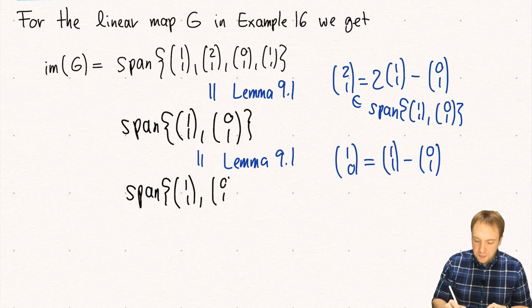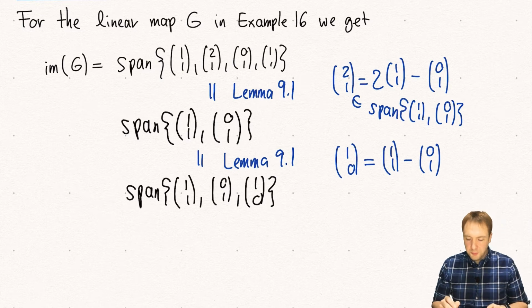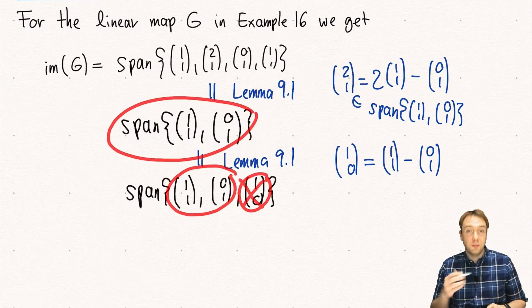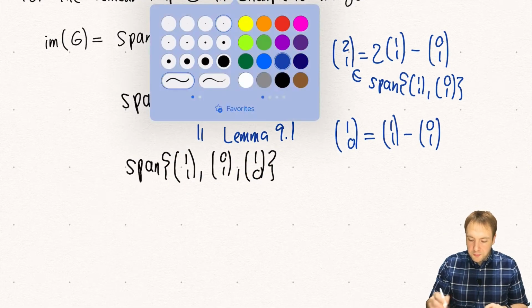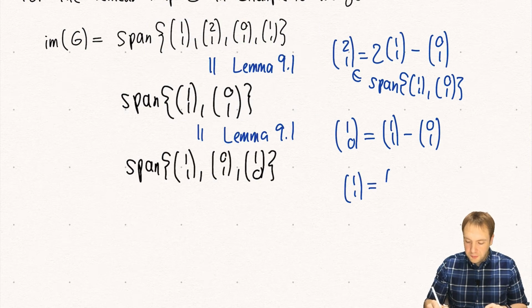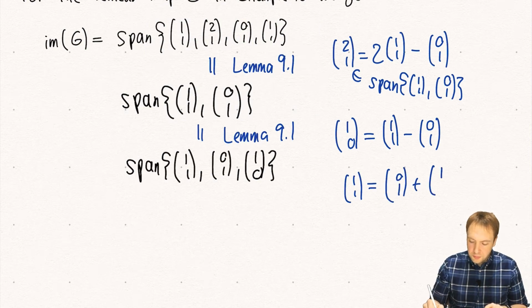So the span of these 2 vectors is actually the same as these 3 vectors, because by the lemma this is in the span of these, therefore I could leave it out without changing the span. But now also we see that (1, 1) is of course (0, 1) plus (1, 0).